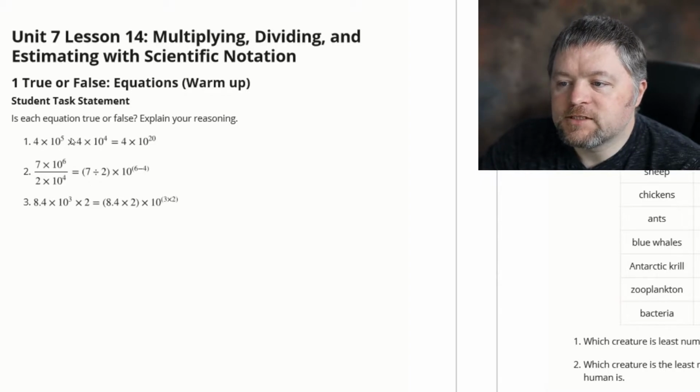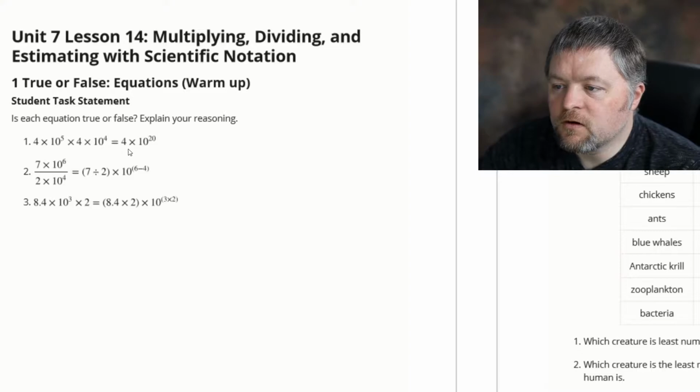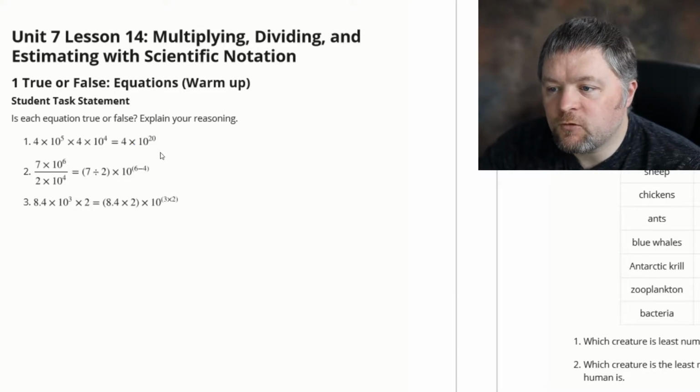4 times 10 to the 5 times 4 times 10 to the 4 equals 4 times 10 to the 20.